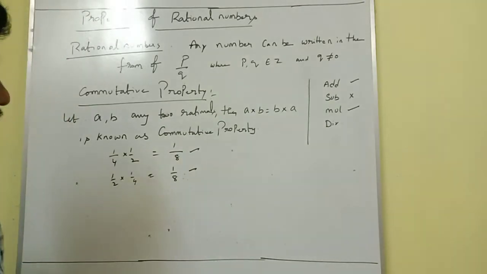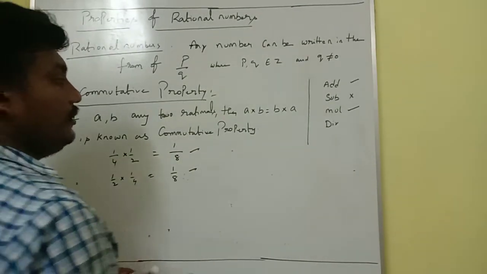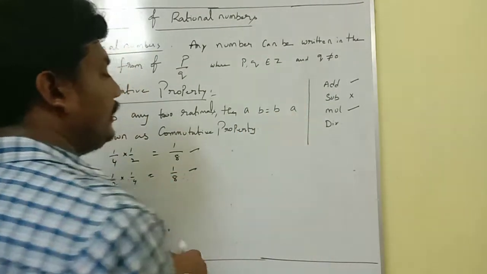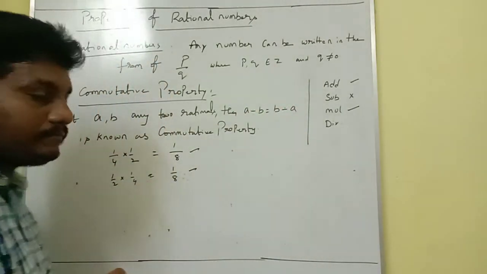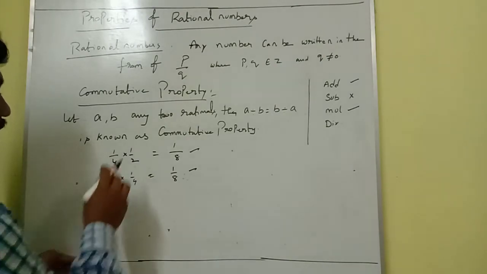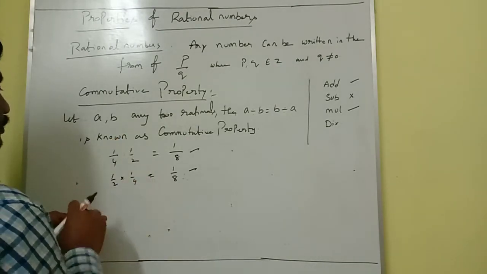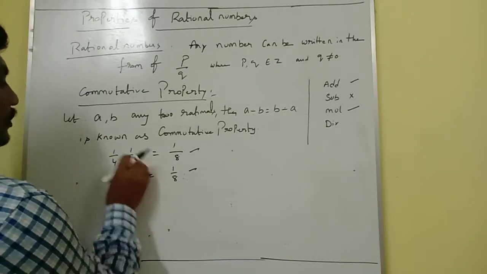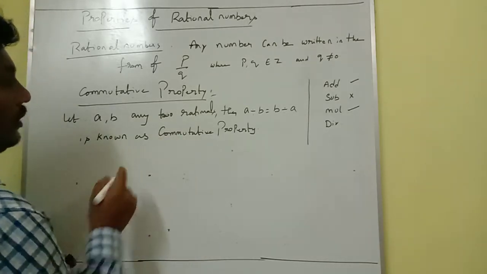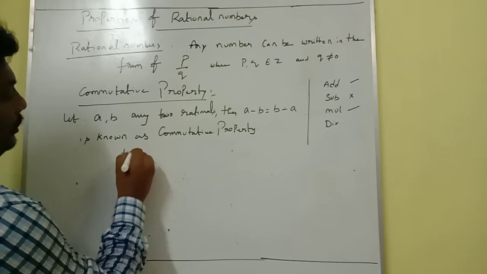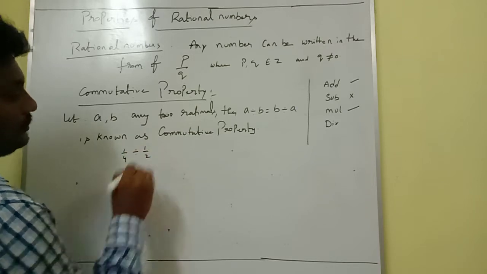Next, coming to division. Let me take division. For division, you can take A divided by B and B divided by A. Let me check whether it is suitable or not. So 1 by 4 divided by 1 by 2.